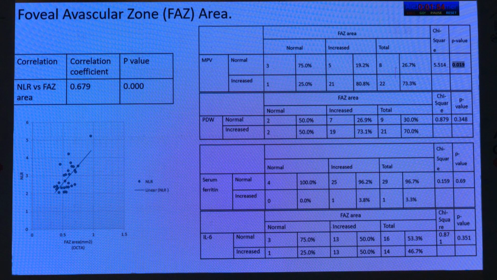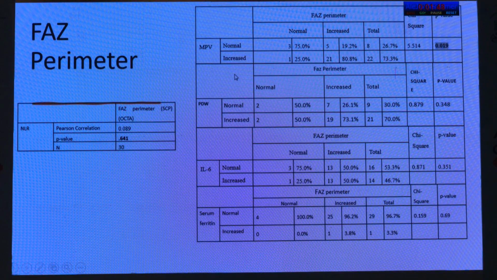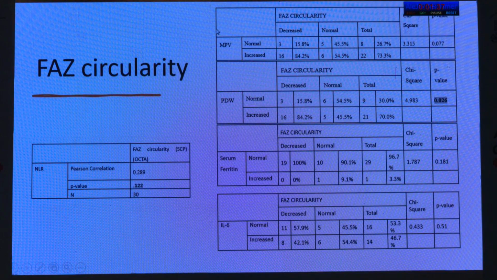With foveal avascular zone area, we had a significant correlation with neutrophil to lymphocyte ratio and mean platelet volume. FAZ perimeter had a positive correlation with neutrophil to lymphocyte ratio, though not significant. However, the correlation with mean platelet volume was quite significant. The FAZ circularity was distorted in most of the patients who had an increased platelet distribution width.